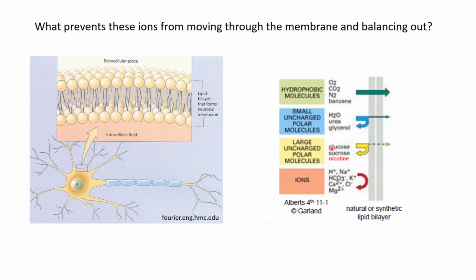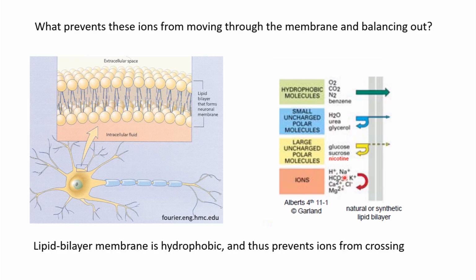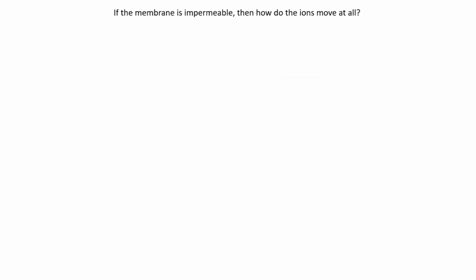But large molecules or even ions, which may be small but have charge, cannot pass through this hydrophobic core of the membrane. So this is what basically prevents the ions from crossing the membrane barrier and balancing out the concentrations. Okay, so the membrane prevents the ions from passing, and that helps in maintaining the concentration gradient.